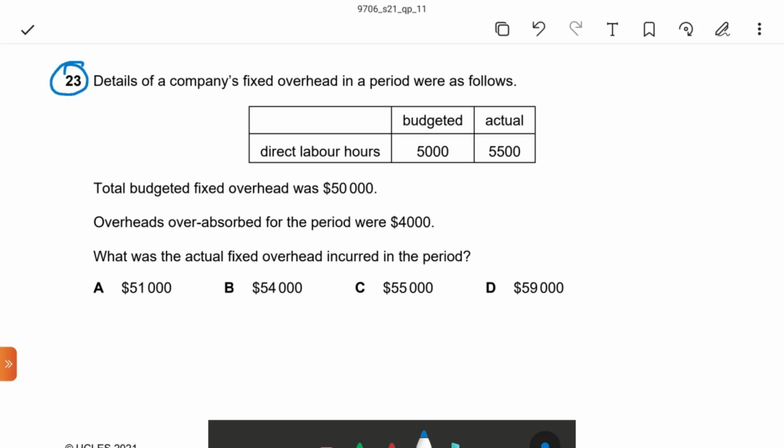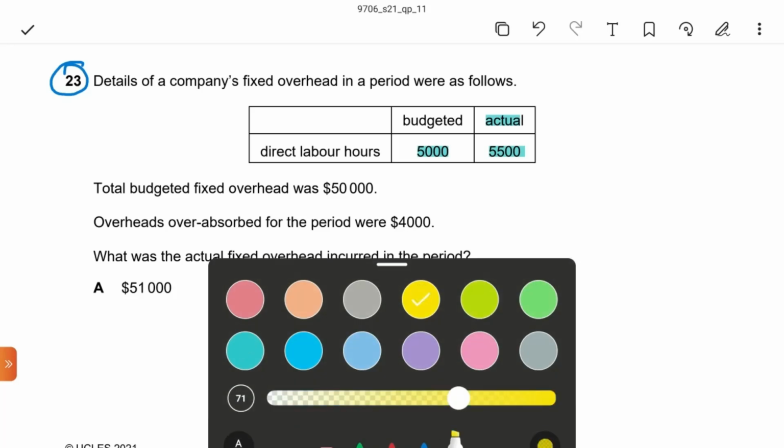Details of a company's fixed overhead in a period were as follows. Budgeted direct labor hours 5,000 and actual labor hours 5,500. Total budgeted fixed overhead was 50,000.